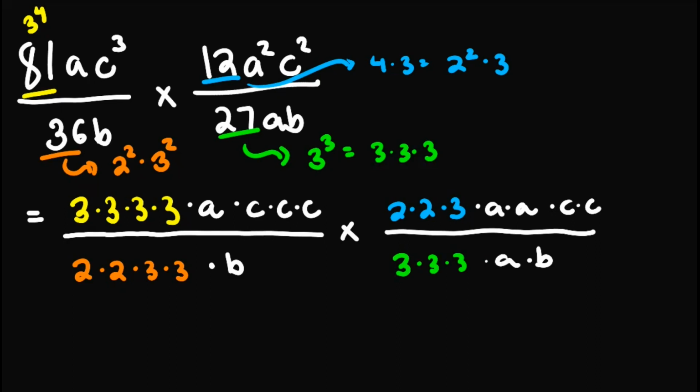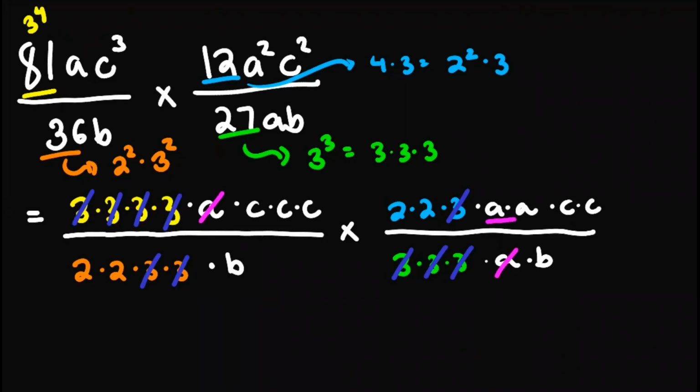So first, we have 3 out here, 3 here, 3 out here, 3 here, 3 here, 3 here, 3 and 3, and another 3 out here. So that's all for the 3's. For the a, note that we have an a here and an a.